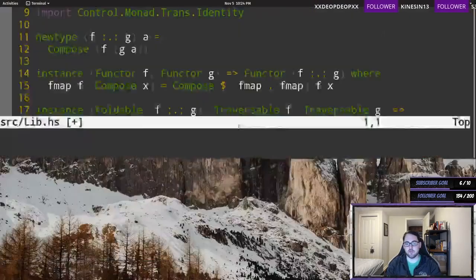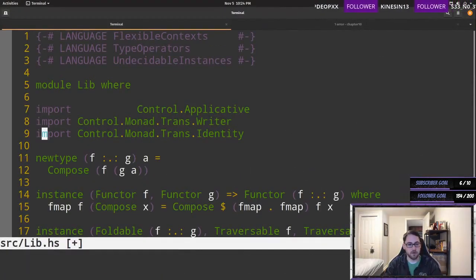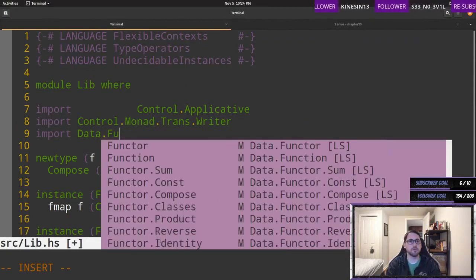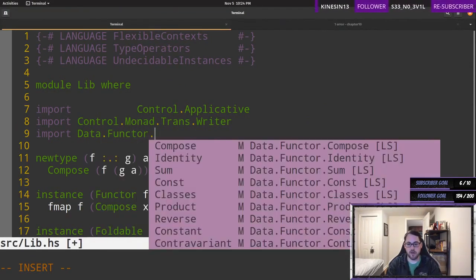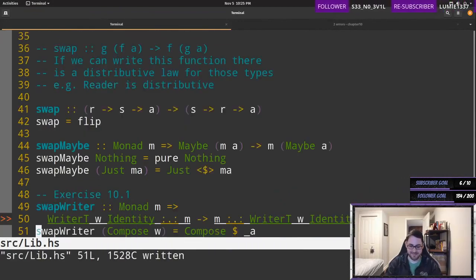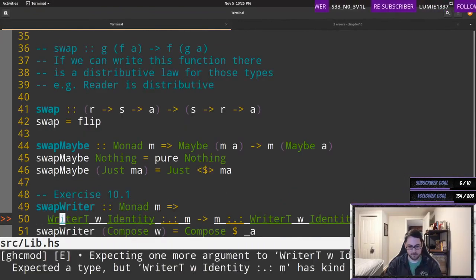Oh, data functor. I wrote control functor. Whoops. All right. Now we're failing.